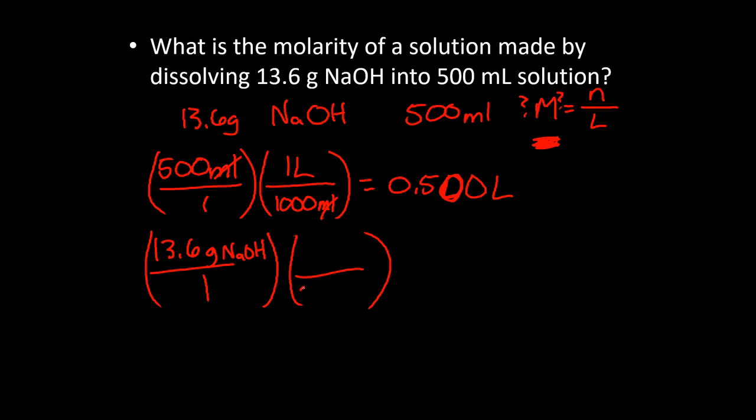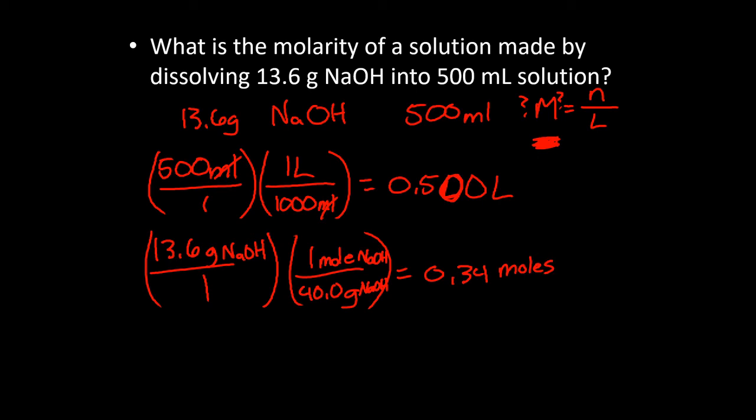So I'm going to say there are 40.0 grams of sodium hydroxide in every 1 mole of sodium hydroxide. And so if I go ahead and do that math, 13.6 divided by 40, that is 0.34 moles.